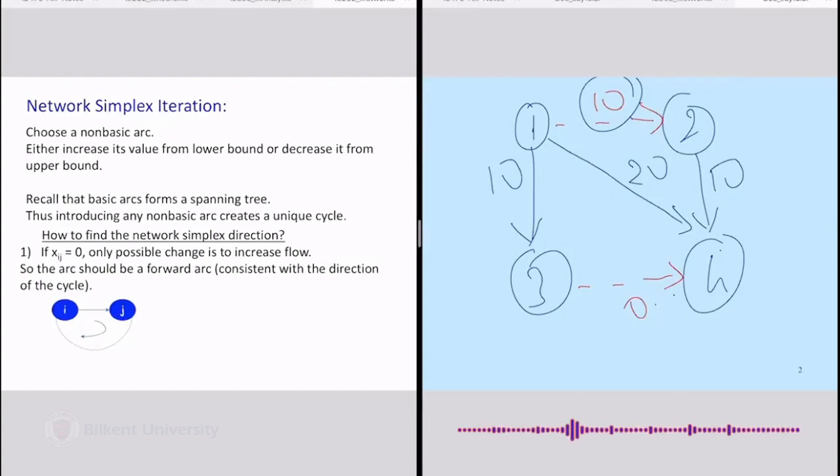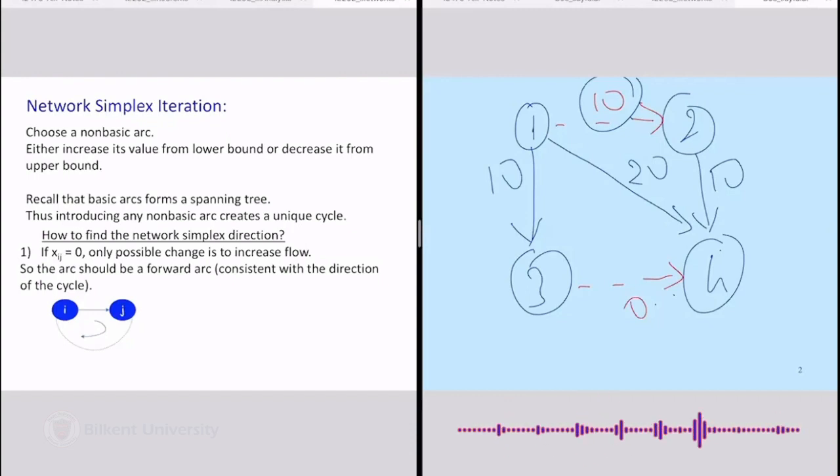That means I have to delete one arc from that cycle so that I don't have a cycle at the end, so that I remain to have a spanning tree. Okay? That's one thing. When I look at one arc, that arc will create one unique cycle, and only the variables in that cycle will be affected.